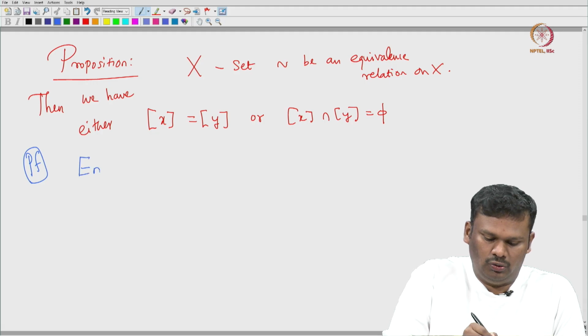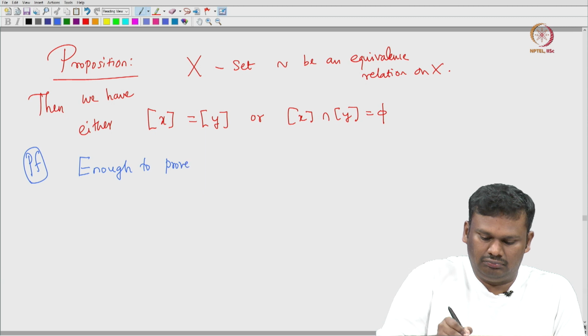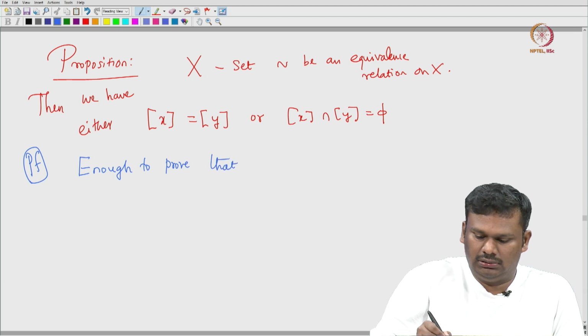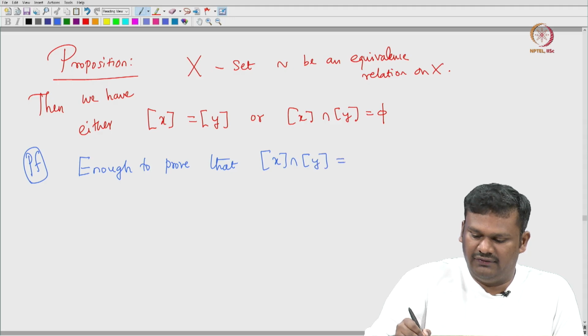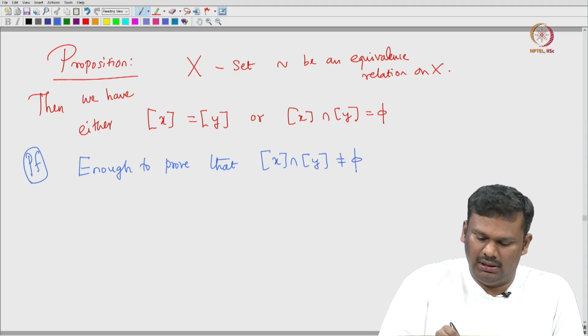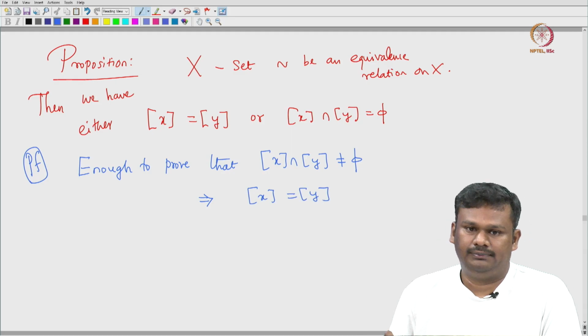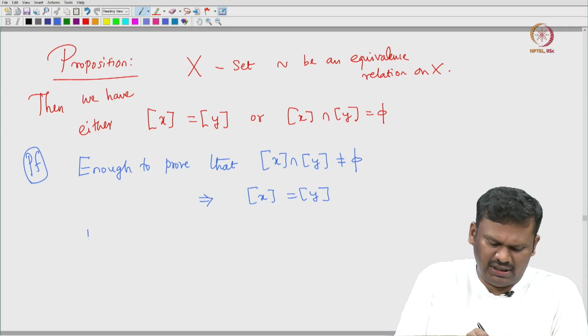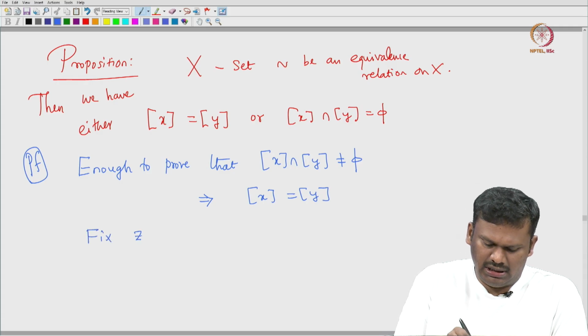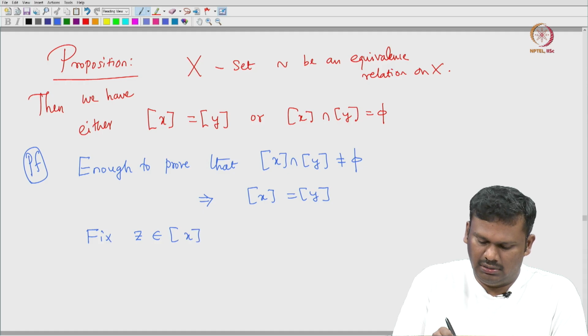It is enough to prove that when the intersection of the two given equivalence classes is non-empty, those two classes are equal. Let us fix an element Z coming from this intersection.